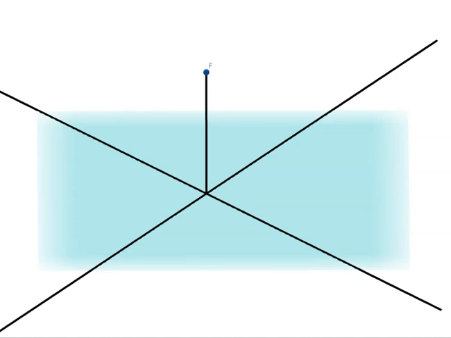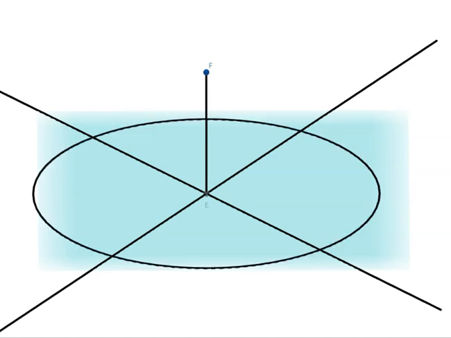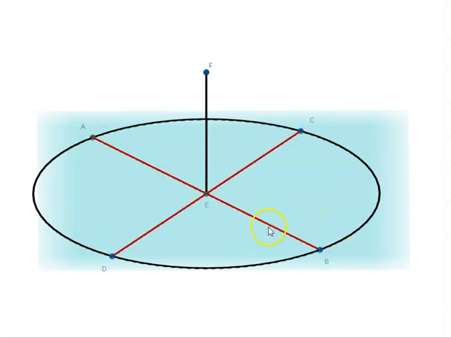Let's mark this point of intersection as E. To do that, let's draw a circle of any radius. Now with the center E, let's mark these points of intersection. Remember, because they are the radii of the same circle, AE is equal to BE is equal to CE is equal to DE.